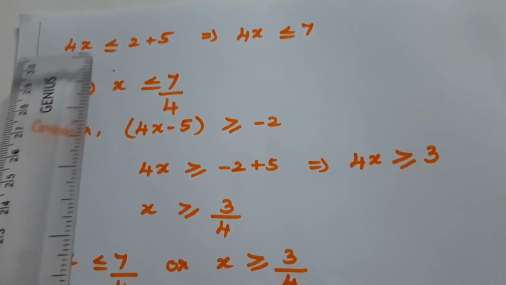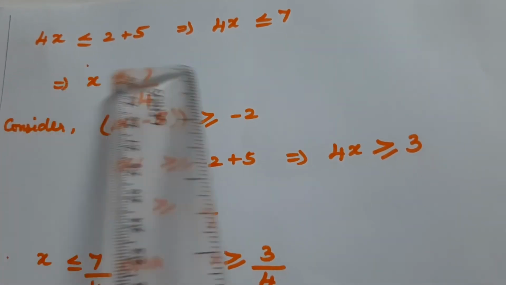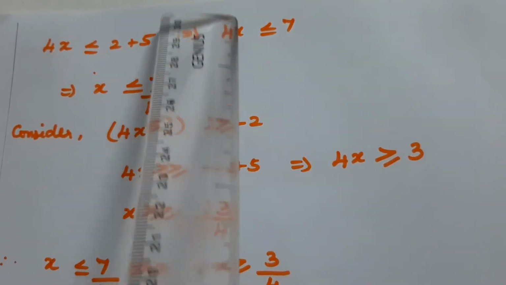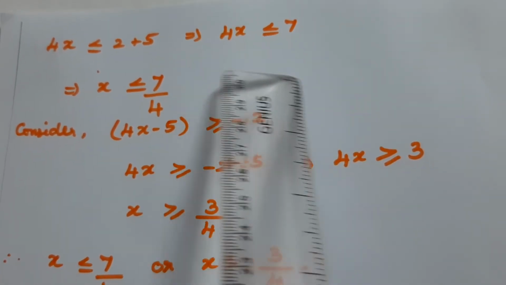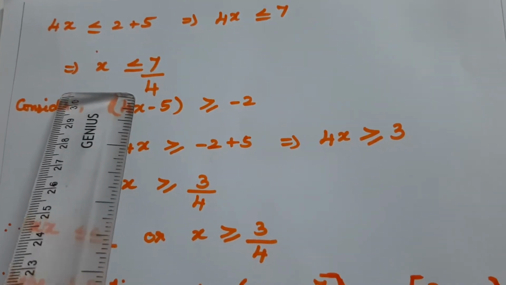Therefore, you will have 4x less than or equal to 2 plus 5, which gives you 7. Therefore, 4x less than or equal to 7. Bring this 4 to the other side, so it becomes divide. That implies x is less than or equal to 7 by 4.